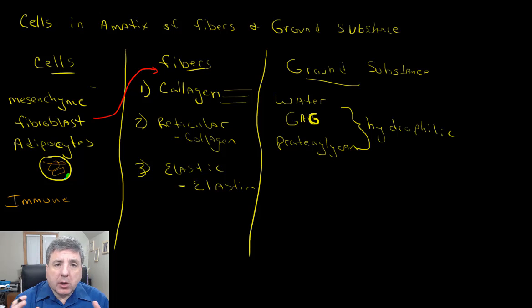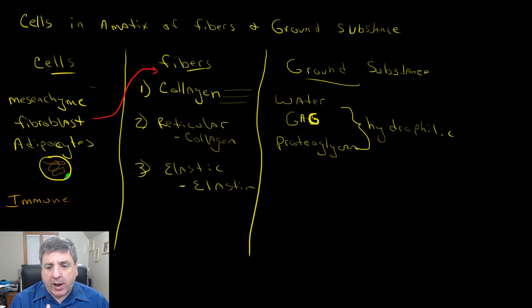And those substances, they're hydrophilic. They attract water. Some substances attract more water than others. Okay? And the differences would be blood is a very liquid. Bone is not so. Okay? So depending on how much water you have determines the consistency of this.